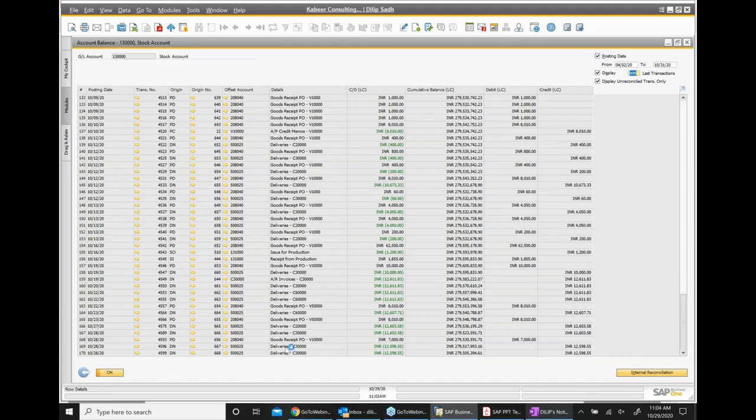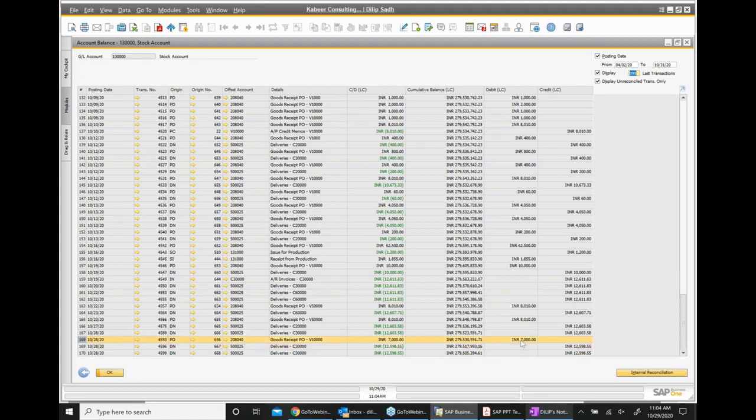I have these deliveries, and this one is a goods receipt, PO. Because this is a PO, there is a debit entry. And because these are the deliveries, inventory went out, so it was credit and credit. This was a PO, so this was debit.